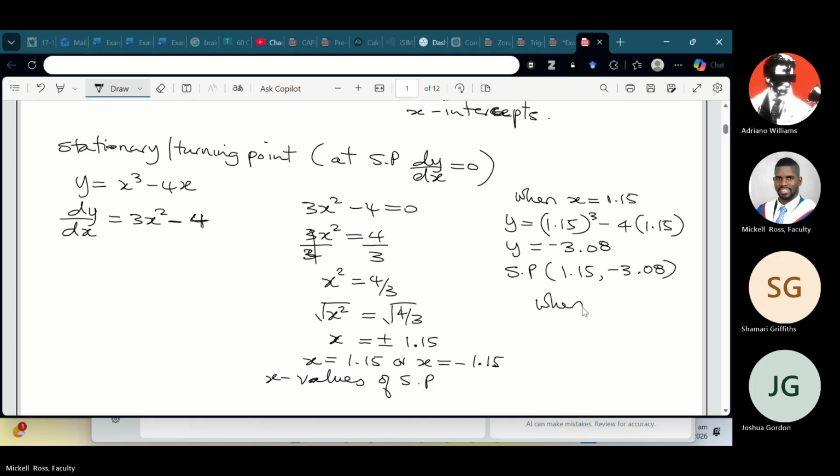And when x is equal to negative 1.15, then y is equal to negative 1.15 cubed minus 4 times negative 1.15.